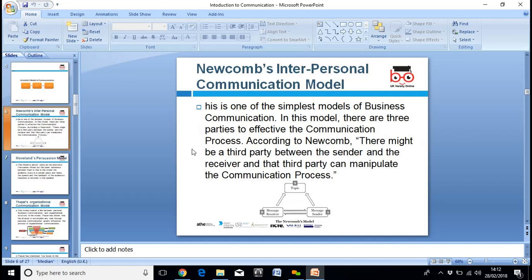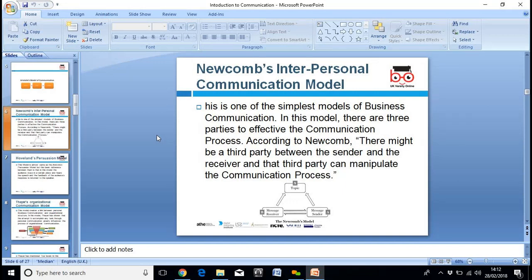We've all heard the story about Chinese whispers, haven't we? Where the message starts off at one end and ends up at the other as something totally different. So that is when there are many stages of communication, and this is what I was referring to earlier when I mentioned internal communications.